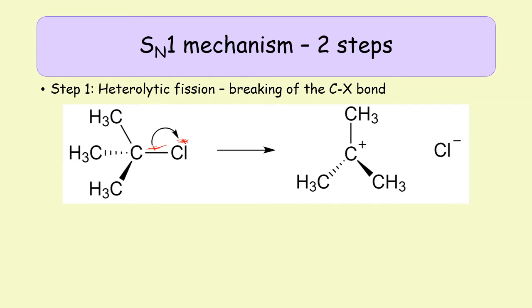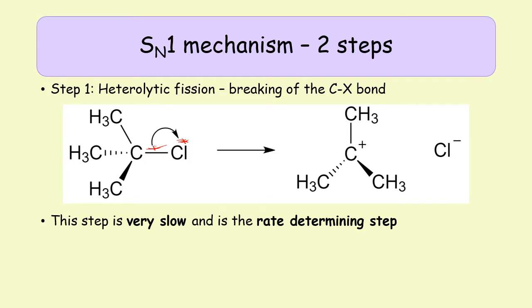Make sure you draw your arrow going from the carbon-halogen bond and ending up on the halogen itself, in this case chlorine, and you end up with a positive ion, and that positive charge is on the carbon, and we call that a carbocation, and we then have our chloride ion.